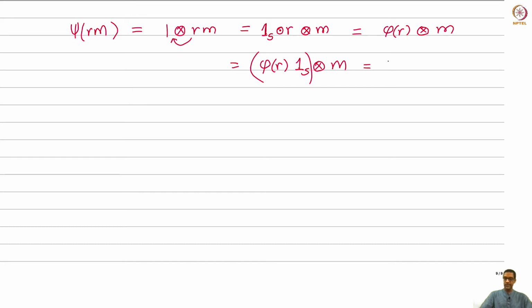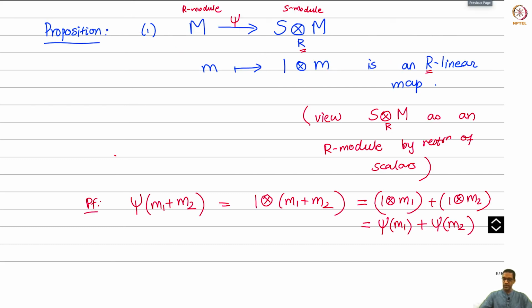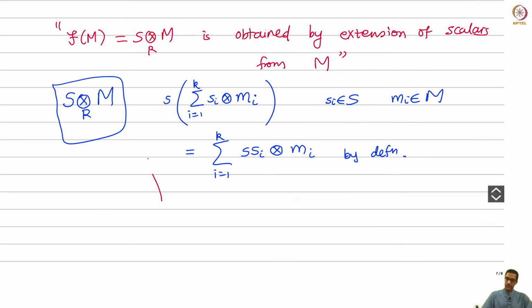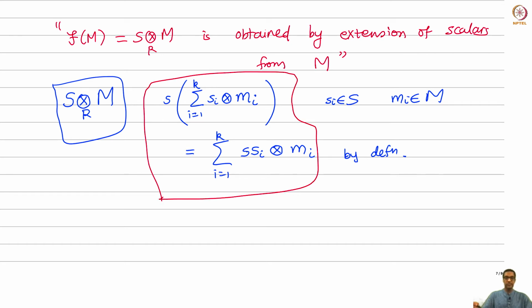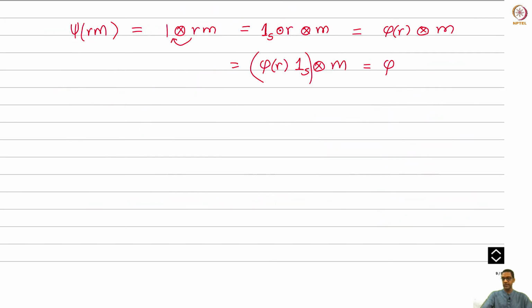But recall, that's exactly how the S module structure is defined, right? How did we define the S module structure? We said if you want to multiply some element by S, you just have to multiply the first components of all the tensors by S. So here, if I take phi R acting on 1S tensor M, I multiply only the first component by phi R. But observe, phi R is just the R action via restriction of scalars.